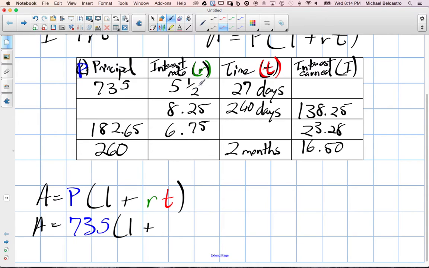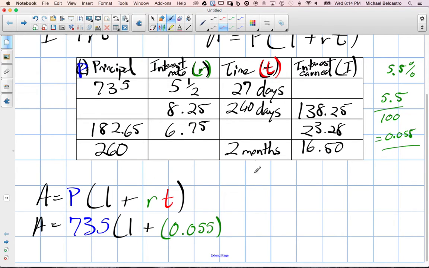I'm going to change it to a decimal, and to change it to a decimal, you have to divide it by 100. So it would really be 0.055. If you're unsure how to do that, you would just take 5.5 divided by 100, and you get your 0.055. So anytime you have a percentage, that's how you change it into a decimal. So that's what we're going to do for all of these.